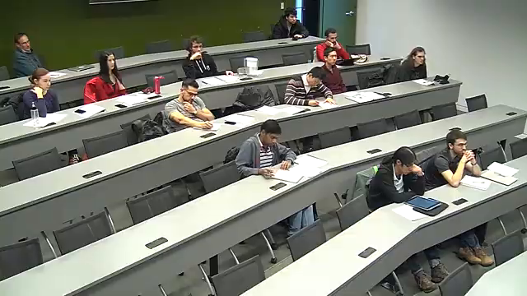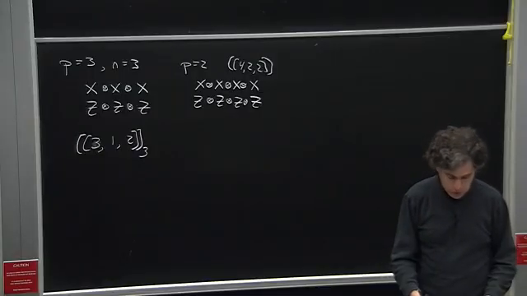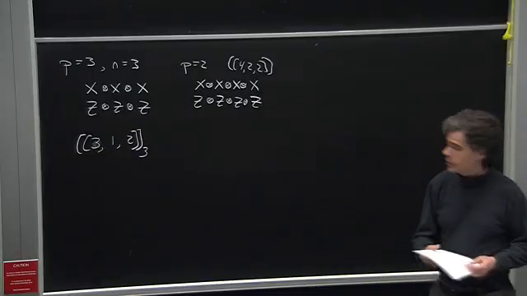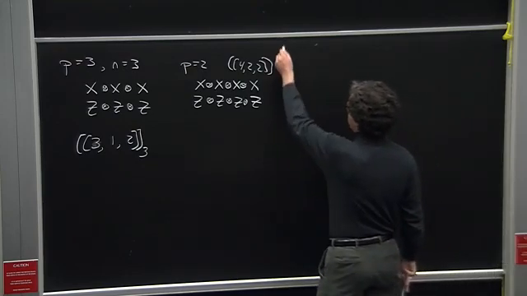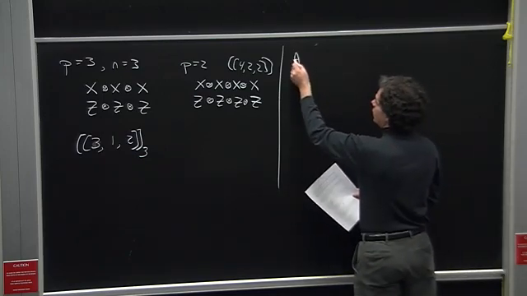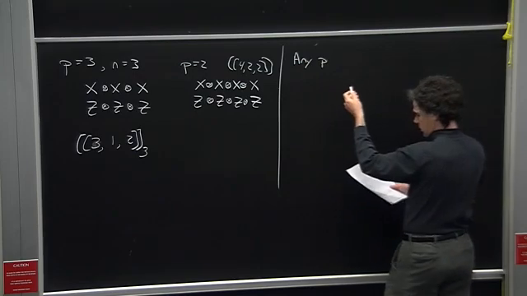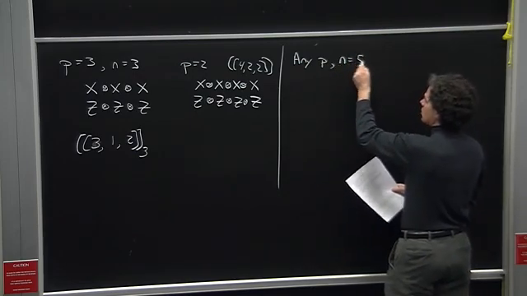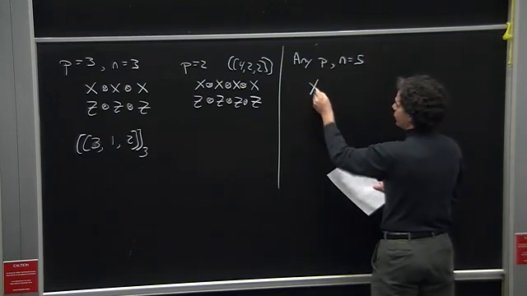Okay. So the next example is going to be a qudit analog of something that does exist for qubits, which is the 5-qubit code. So here's a stabilizer.